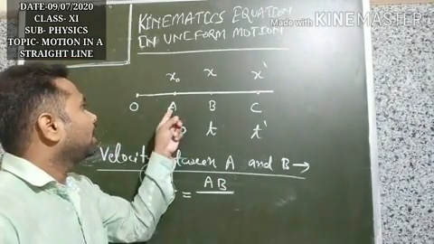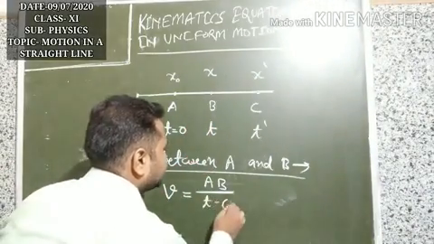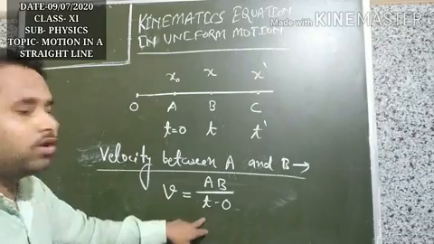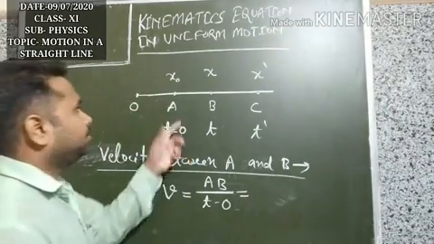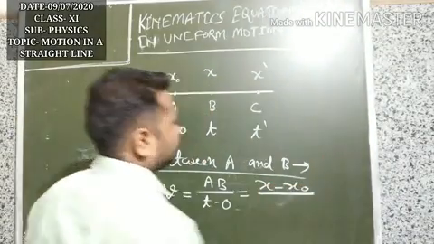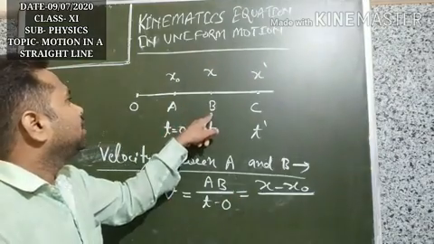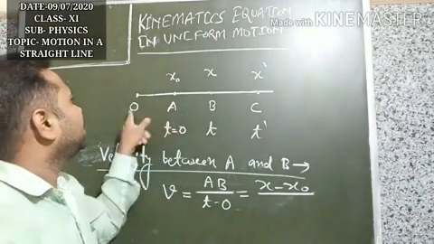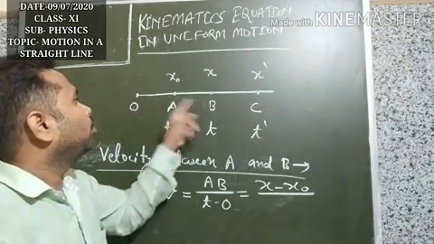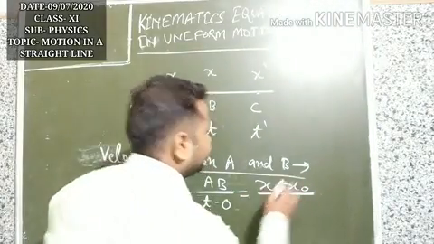So see here, at A t equals 0, at B time is t, so the time interval is t minus 0. V equals AB upon t minus 0. What is AB? AB means x minus x0, because OB is x and OA is x0, so AB equals OB minus OA, that is x minus x0, divided by t.